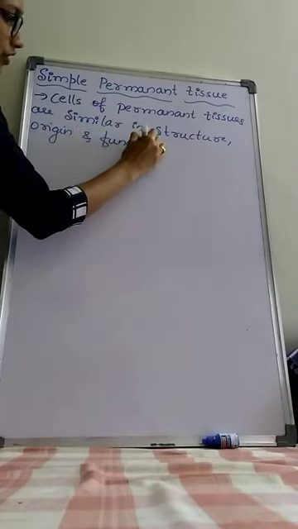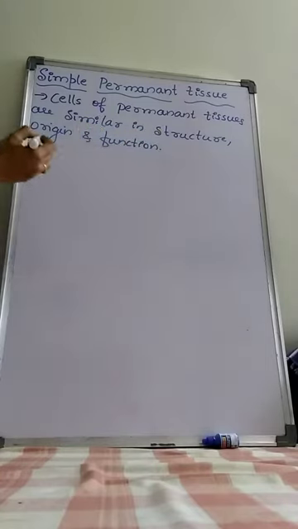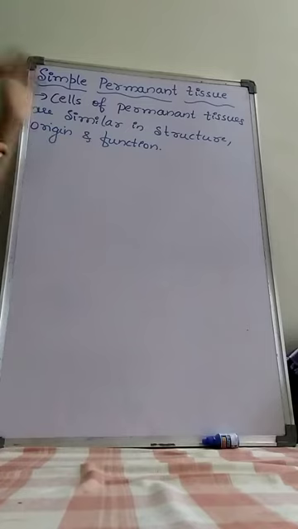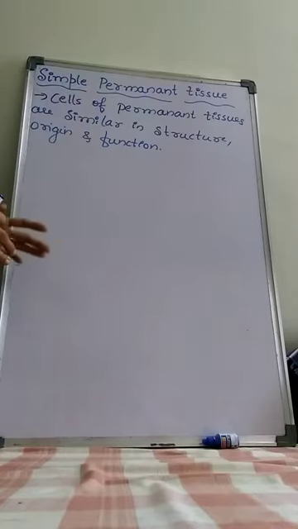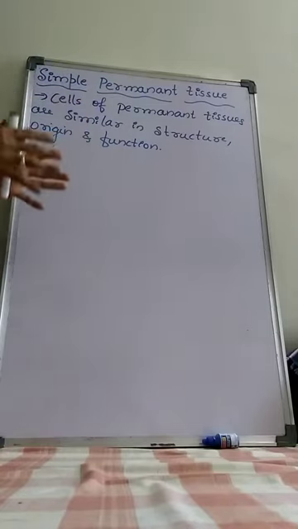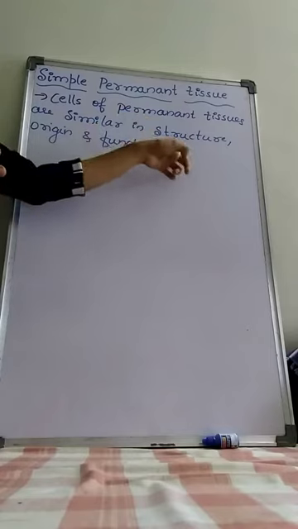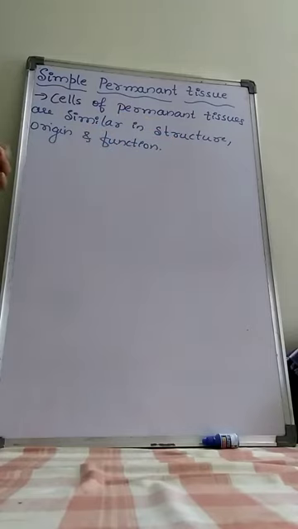The cells of the simple permanent tissues are similar in their structure, function and origin. A group of cells forms simple permanent tissues, but here the group of cells are similar in their structure, origin and function.